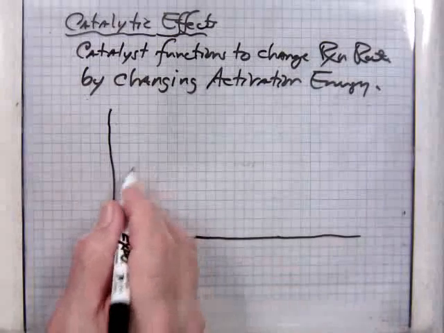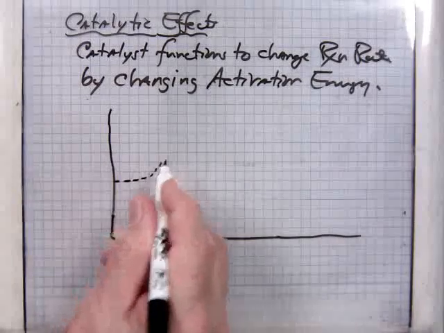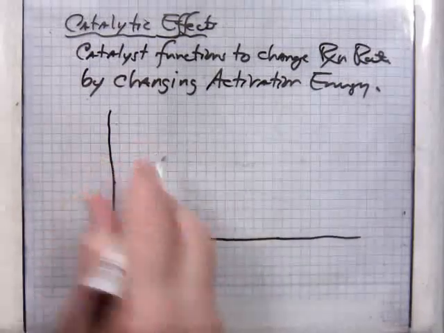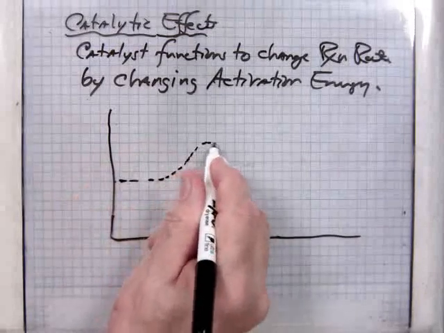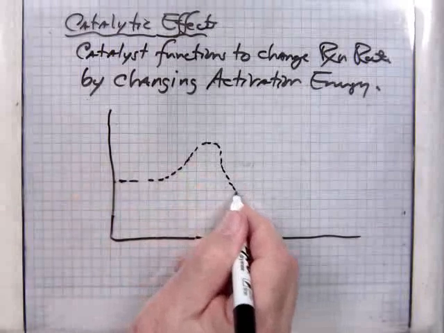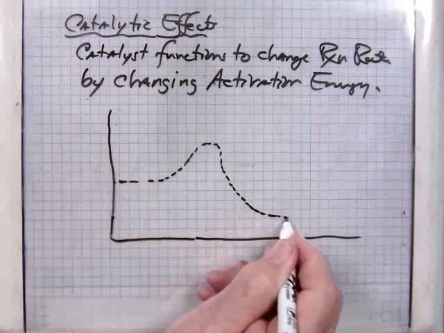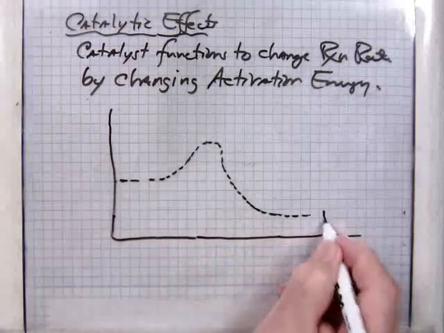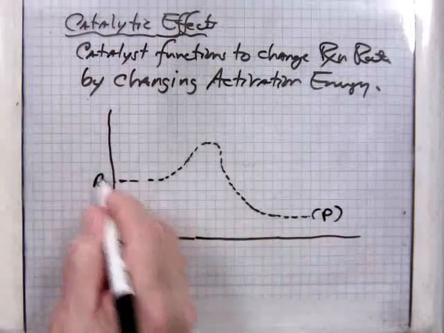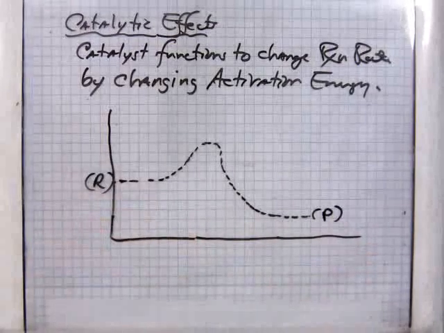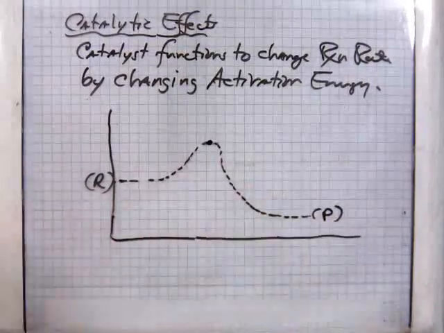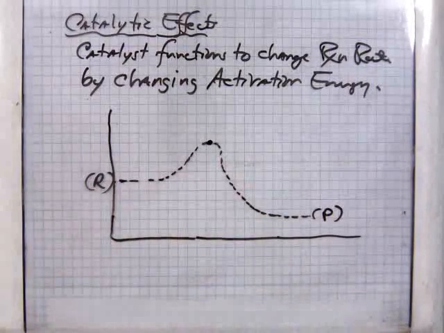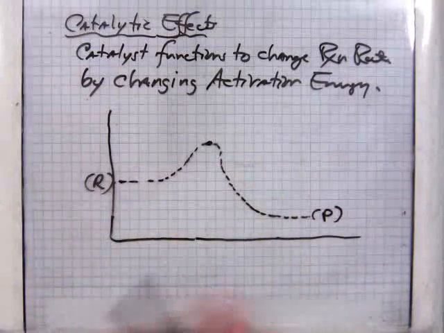Let's see if I can. And it follows this trend. Products, and of course, reactants start right there. Now, this is the black curve, I'm going to draw them in color, represents the normal transition state curve.